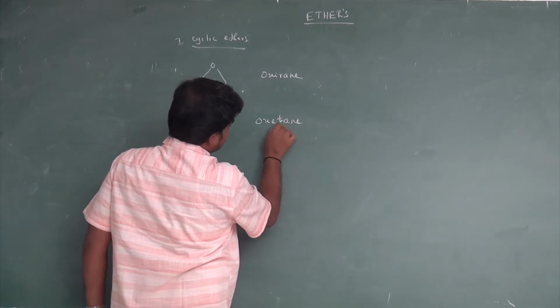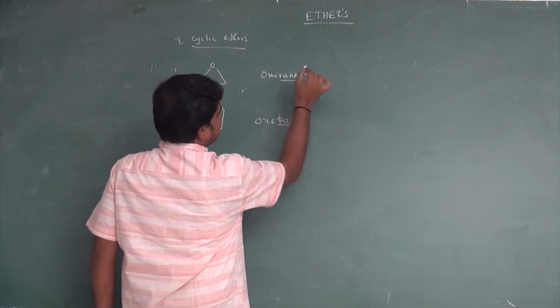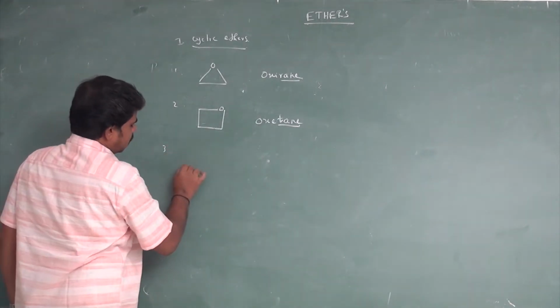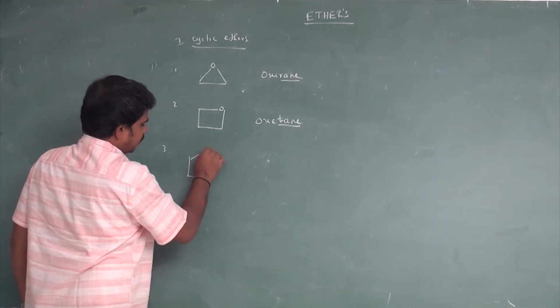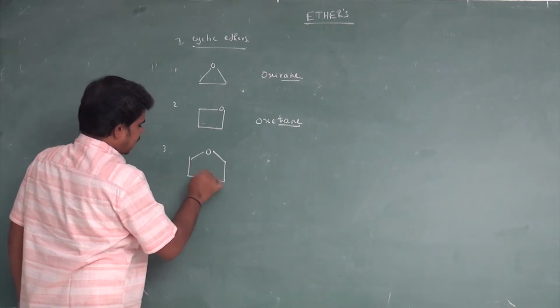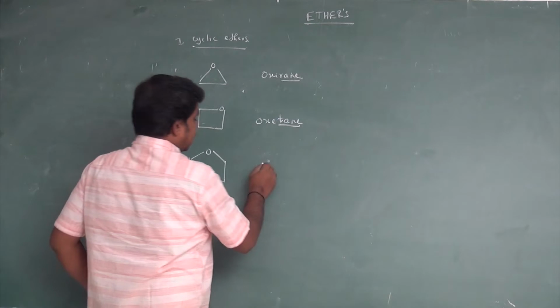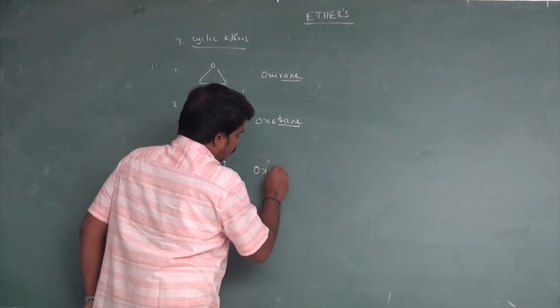So, listen here: oxetane, and here oxirane. Then, five-membered cyclic ethers. We take it like this: a five-membered cyclic ether is oxolane.